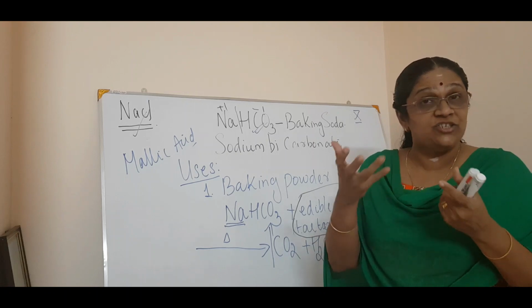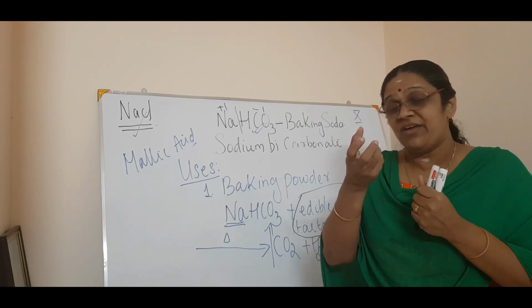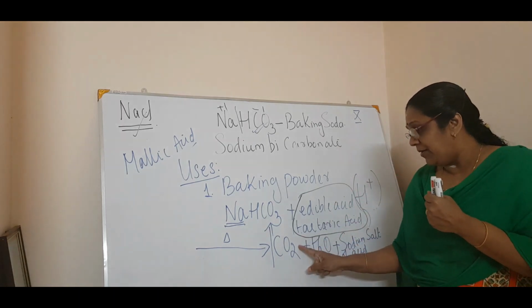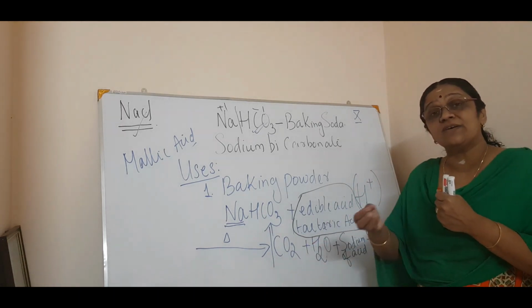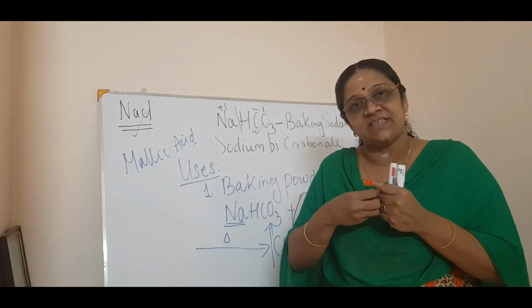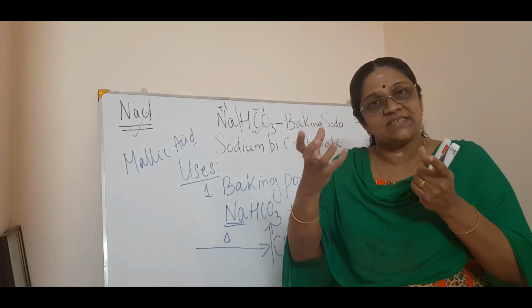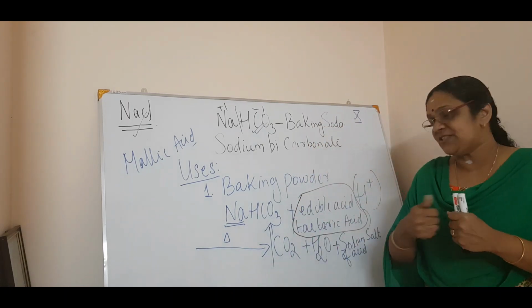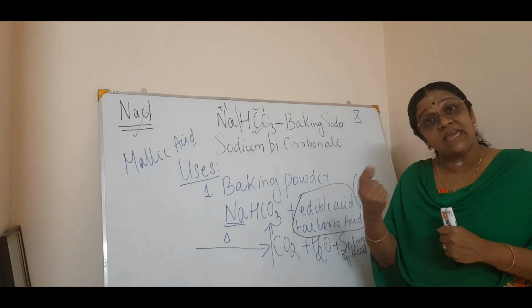You have heard of spongy cakes, right? Very nice and very soft cake to eat. That is due to the formation of this carbon dioxide gas. Since carbon dioxide is evolved from this substance, you get the fluffiness, sponginess and softness of the product.